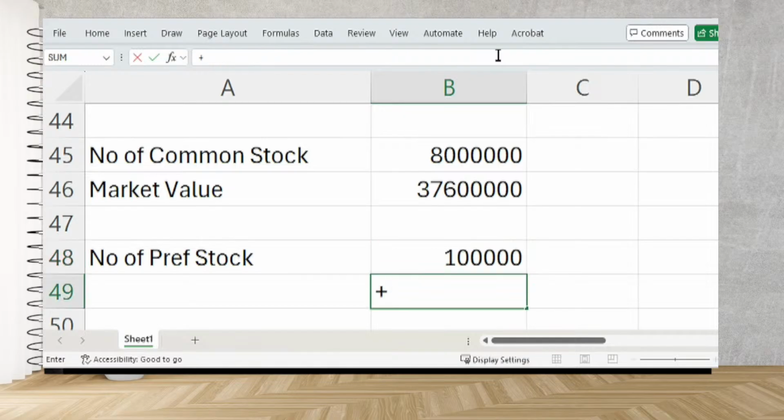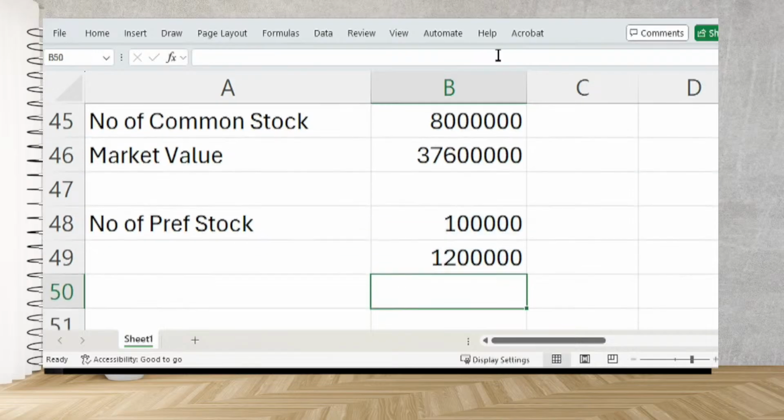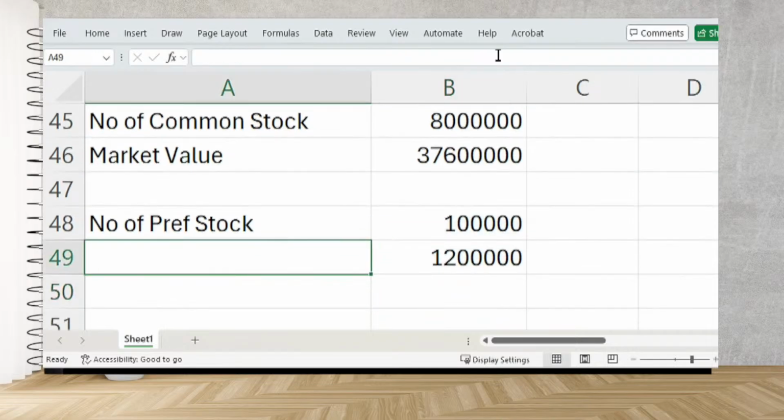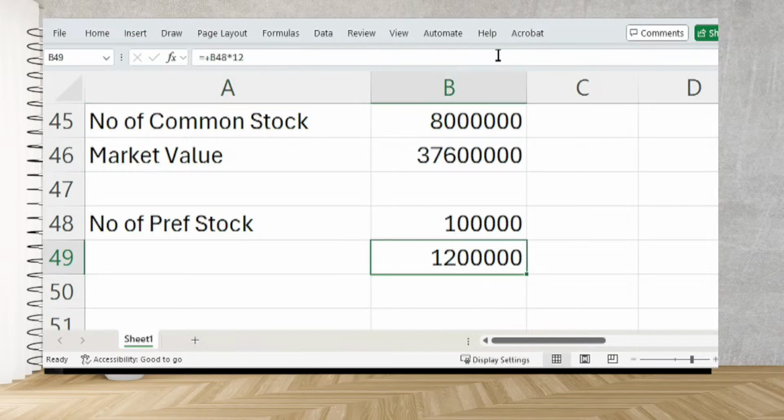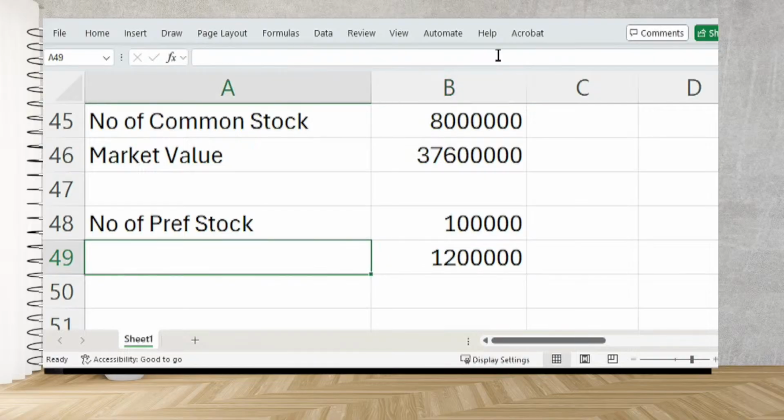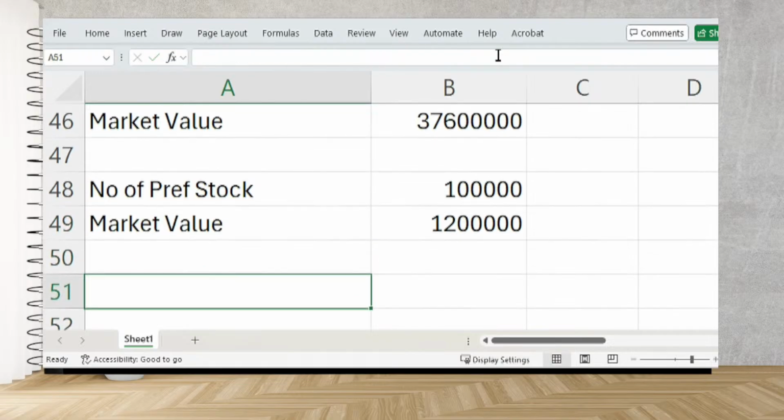So market value, we know that 12 is the per preference share value. So it is basically 1.2 million. Yeah, 1.2 million. Market value of preference stock.